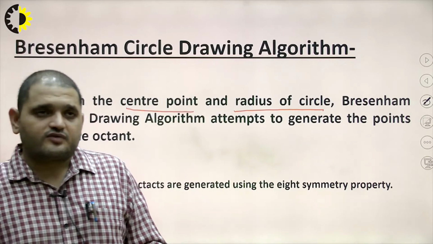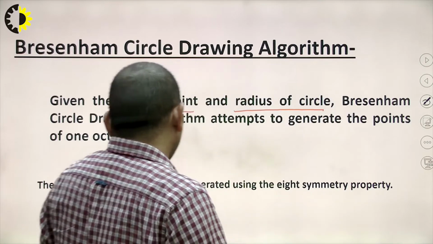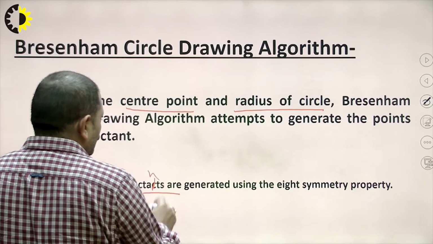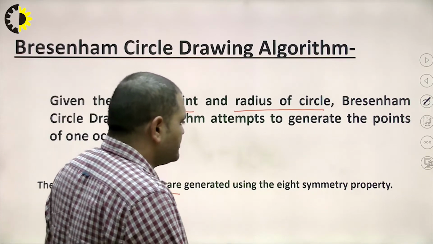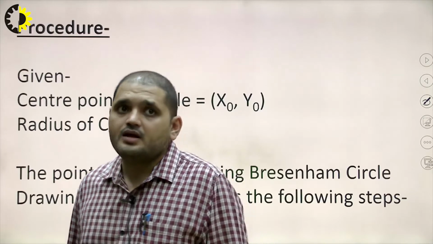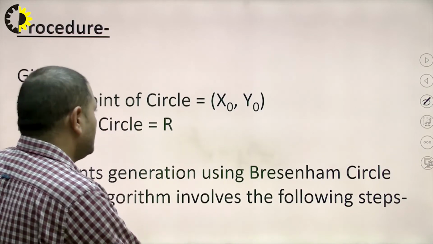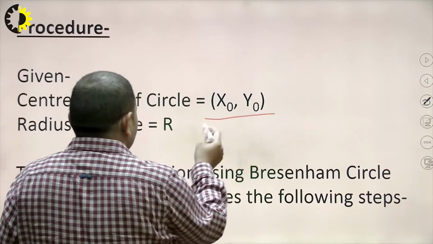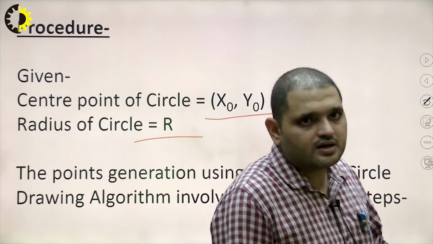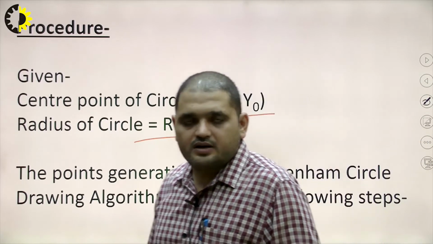So we just have to find the points of one octant only. Points of other octants are generated using the eight-way symmetry property. So the procedure is: the center point of the circle is given, that is x0, y0, and the radius of the circle is given. Then there are steps to generate a circle using Bresenham's circle drawing algorithm.